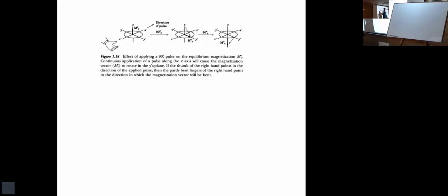What will happen if I apply another 90x pulse? Now the magnetization vector is here and I am applying a pulse from a similar direction. Where will it go? Minus z. Are you able to rotate your hand? No one is rotating hand. This is the right hand thumb rule.